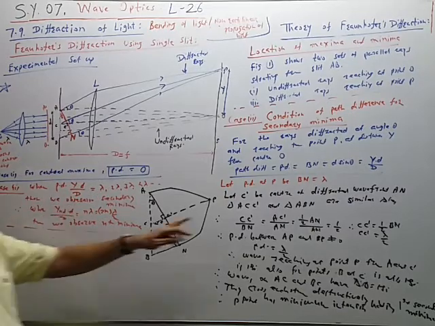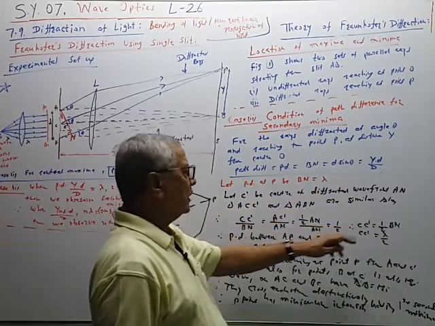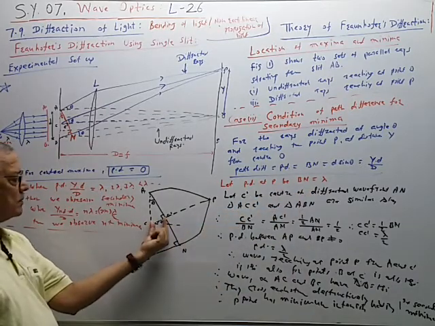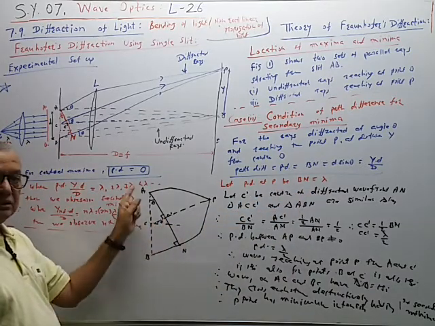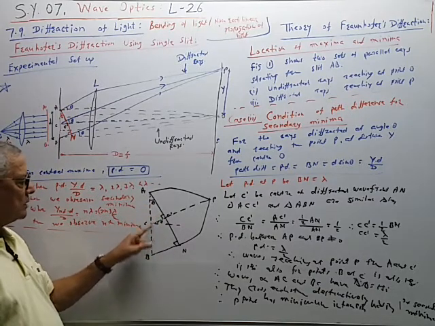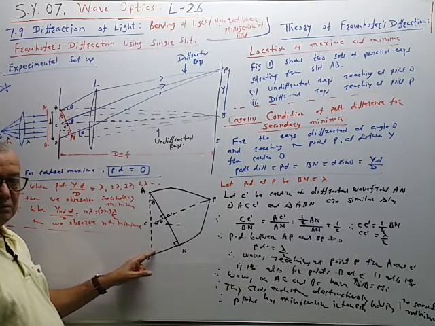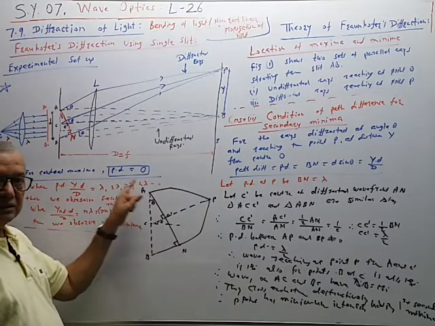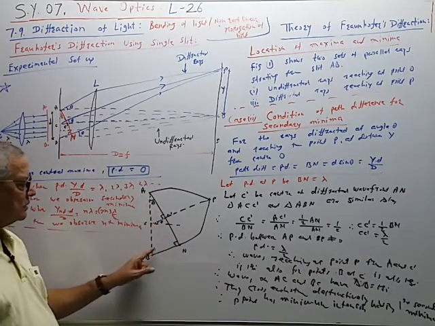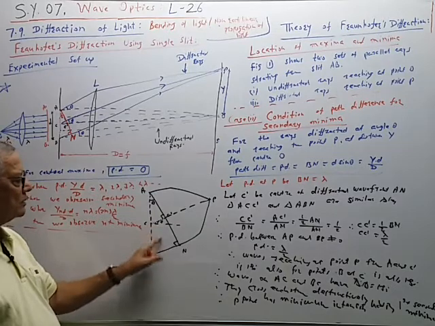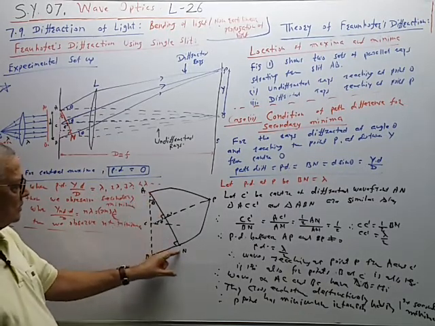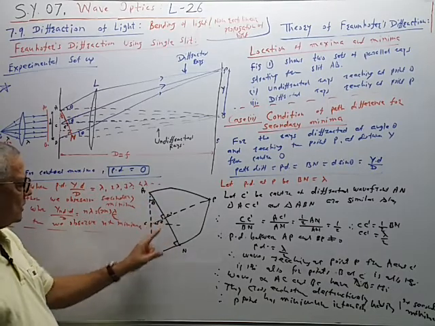So one case we have proved in detail. If BN is considered as lambda, this is our assumption, then this is lambda by 2 by the property of similar triangles. This angle is common, this is 90 degree, this is 90 degree, so this is 90 minus theta, this is 90 minus theta. We used a criterion: all three corresponding angles are the same. So these two triangles are similar, and therefore AC dash upon AN is equal to CC dash upon BN.